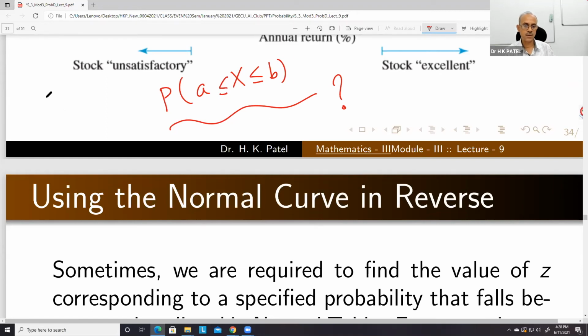For example, you just take this examination system again.